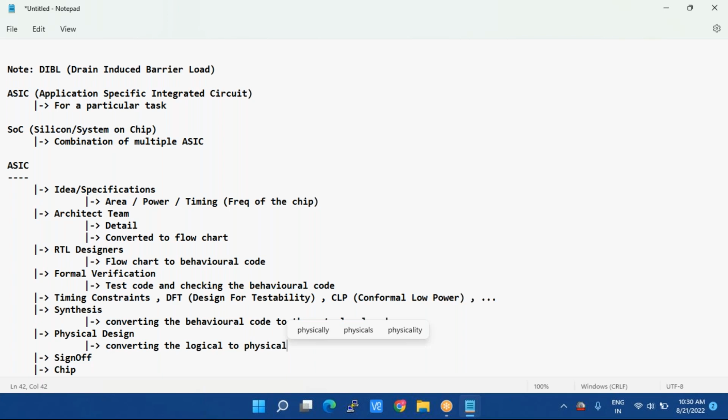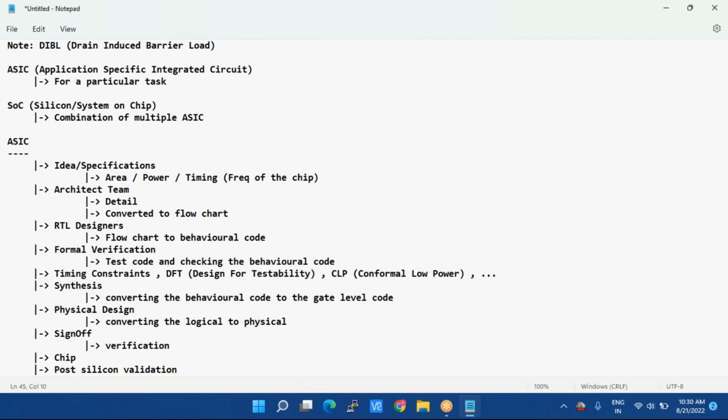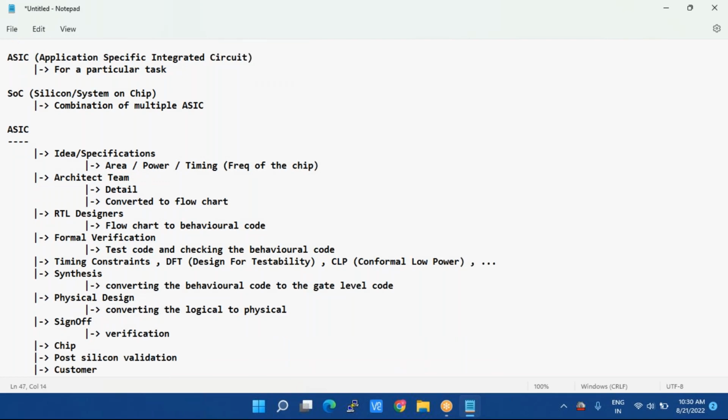Conversion of logical to physical. Now next is sign off, verification again. So all the verifications will touch that. The chip will be manufactured, cross verified, and then if everything is passed, we will give it to the customer.